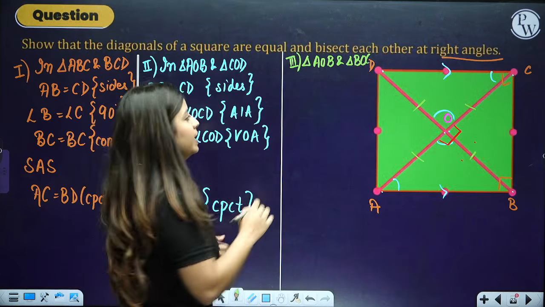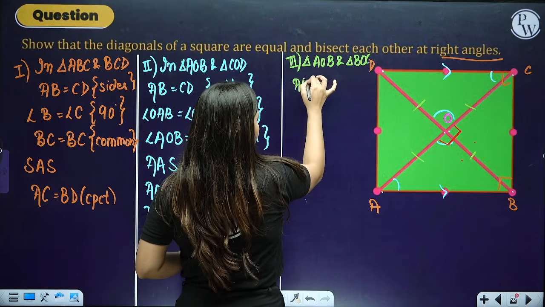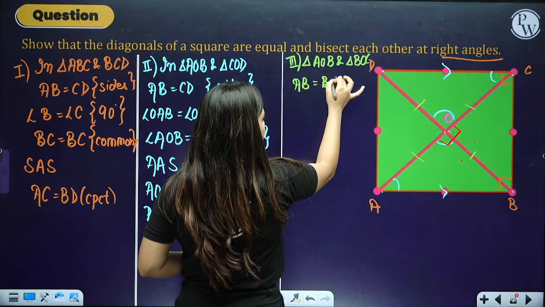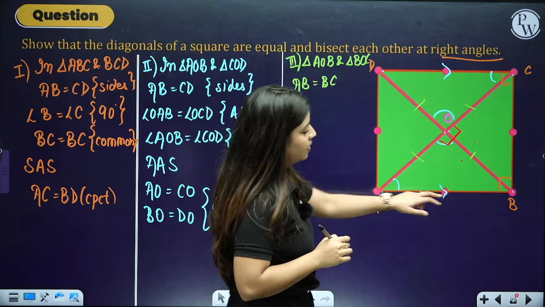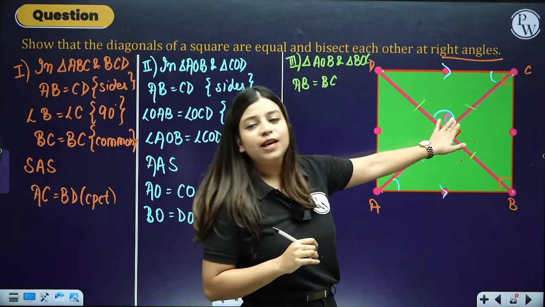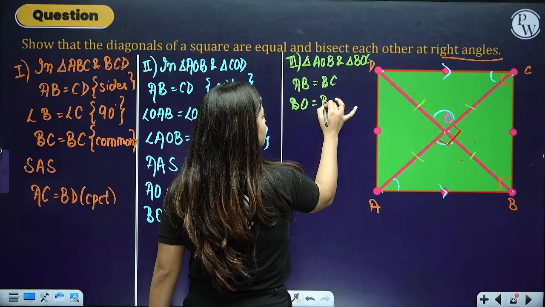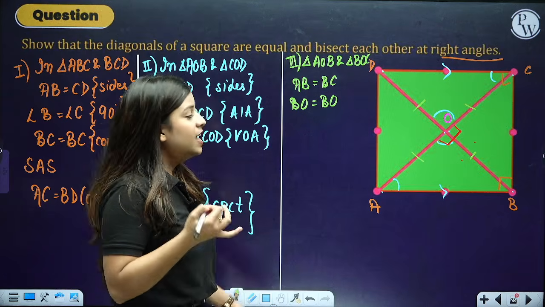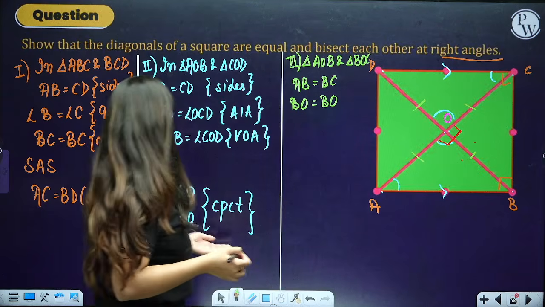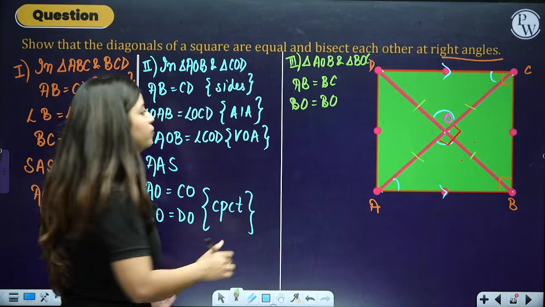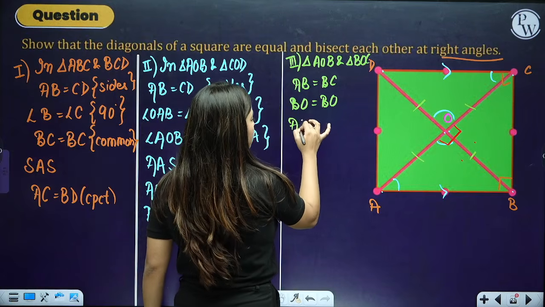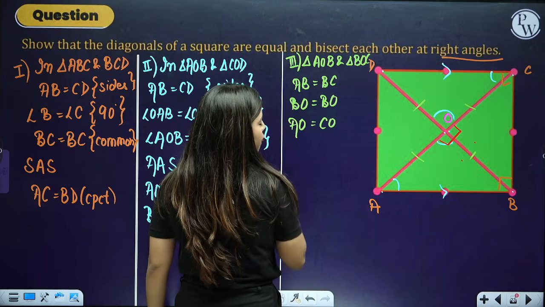First of all, AB is equal to BC, sides of a square. Then we can say BO is equal to BO, that is common in both the triangles. Next we can say that AO is equal to CO, as we have already proven.